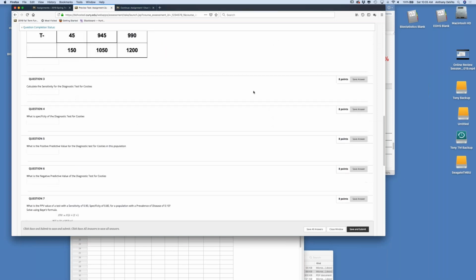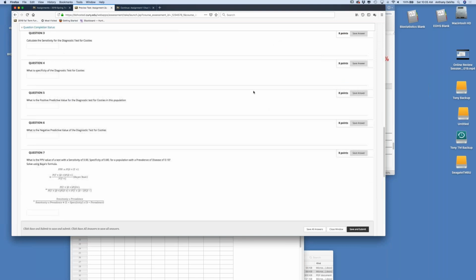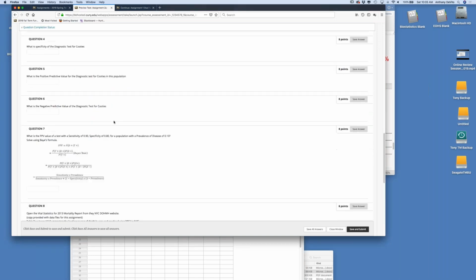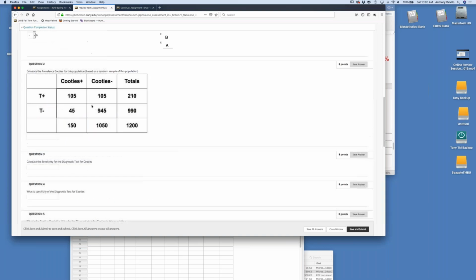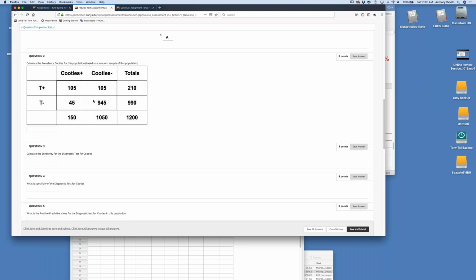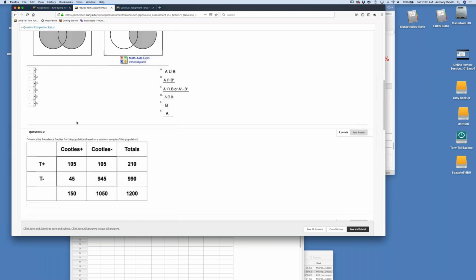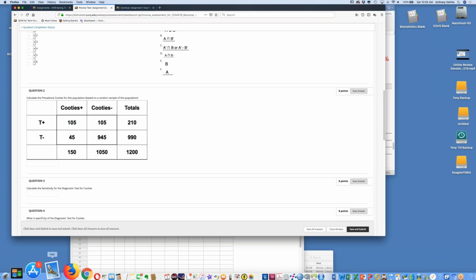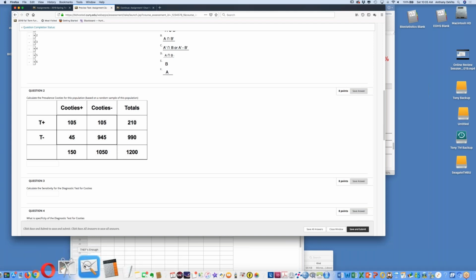Okay, so now one of the things that might come up is that the prevalence in this population is pretty high, right? Prevalence was, I feel like I should be able to figure it out in my head.